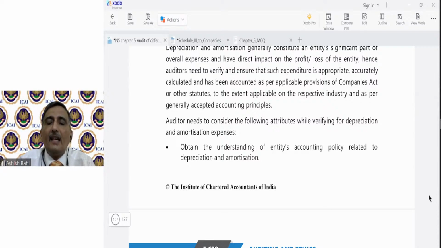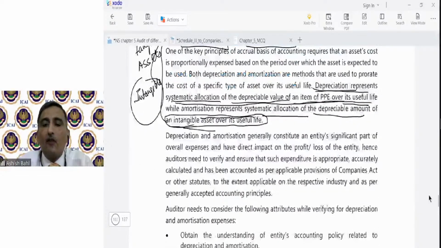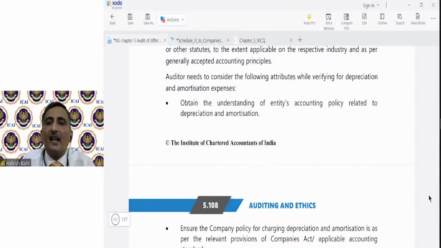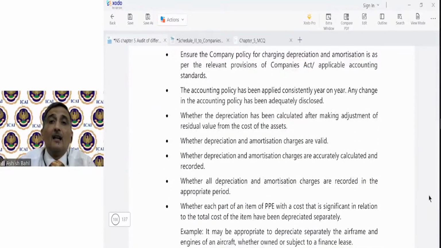So obviously, for verifying depreciation, the auditor would obtain an understanding of the entity's accounting policy relating to depreciation and amortization. Ensure that the company policy for charging depreciation is as per relevant provisions of the Companies Act and applicable accounting standards.